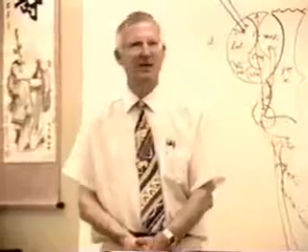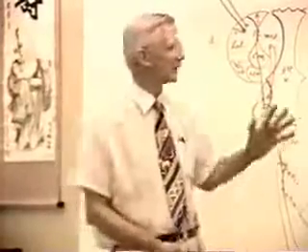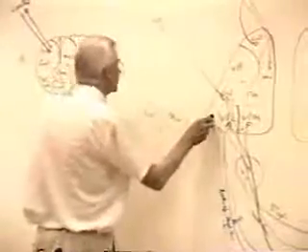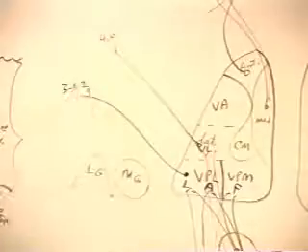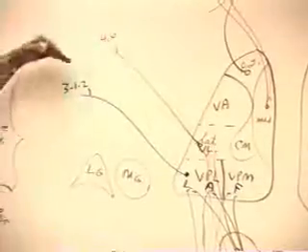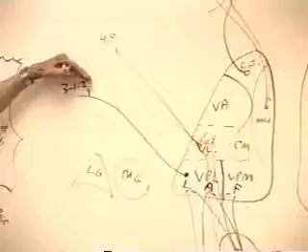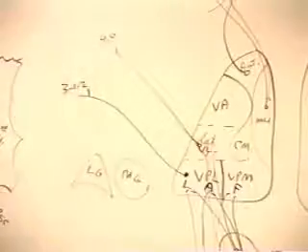Did you mention the cortex as to where these are going? Oh, thank you. Come out to sensory cortex, areas 3, 1, and 2. So we have the central sulcus between sensory and motor cortex.